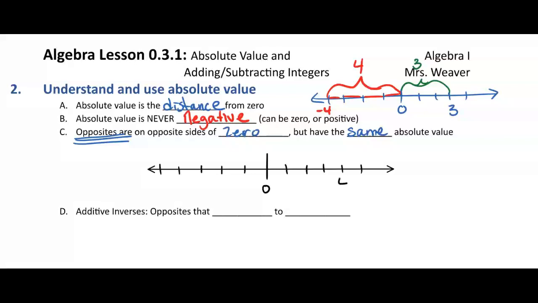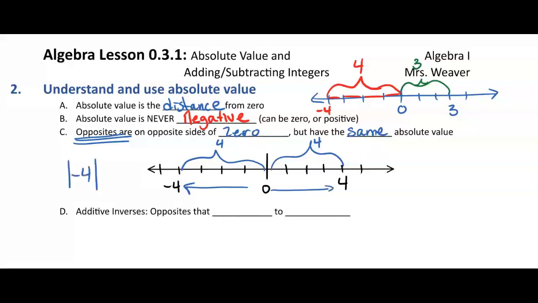Let's say I have 4 and -4. These have the same distance from 0. They're both 4 units away from 0, but they're on opposite sides of 0. One is in the negative direction, one is in the positive direction. And they have the same absolute value.